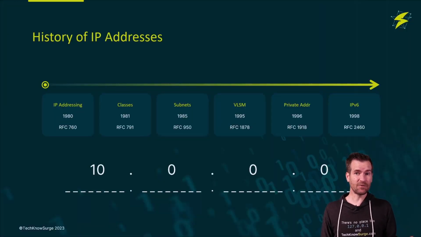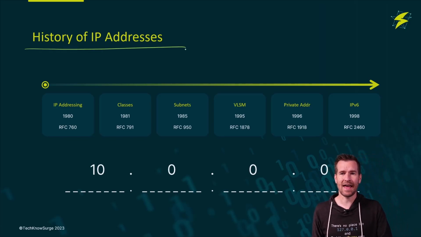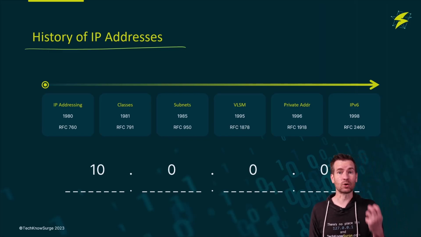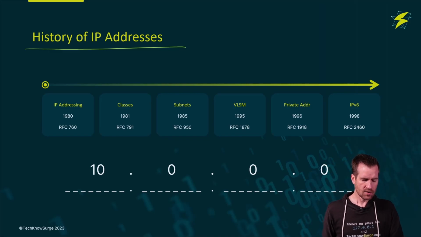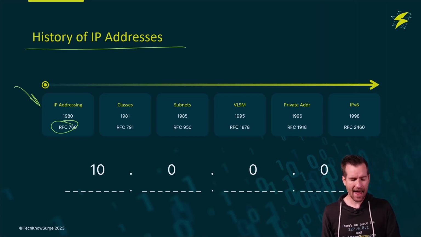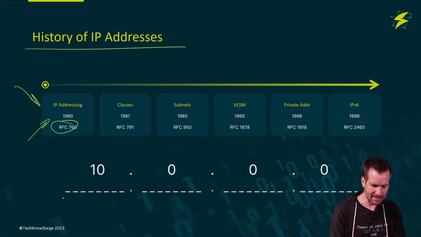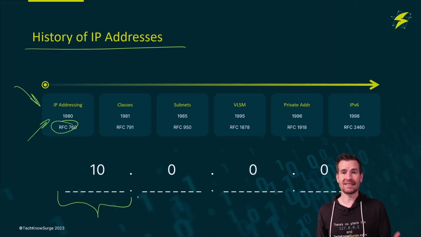In one of my first videos in this course, I really talked about the history of IP addresses. It really gives us a great understanding of where we're going and what we came from. So when I started out, I talked about RFC 760 and how it defined what an IP address looked like. One of the things it specified was that the first octet specifies the network.